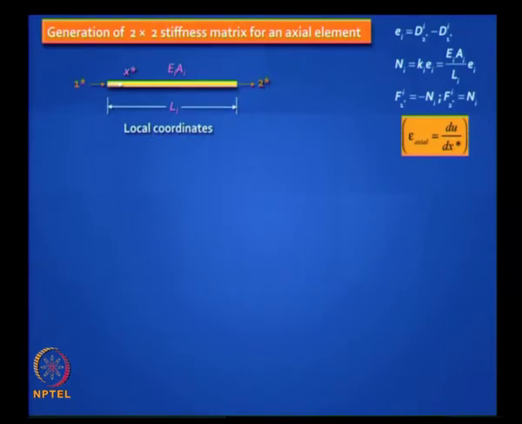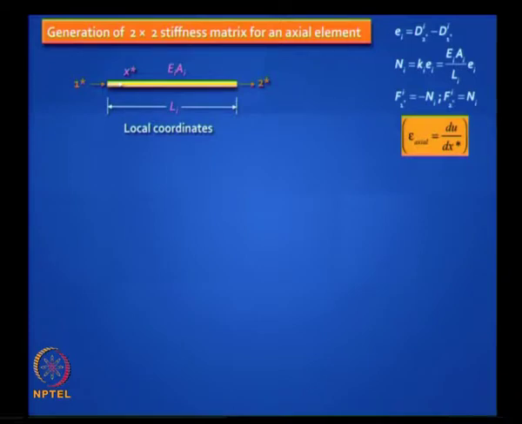Now let us generate quickly the stiffness matrix and the transformation matrix for these three types of elements. For this element, you know that the elongation is the difference between the two displacements, and in terms of tensile elongation, it's d2 star minus d1 star. You agree?